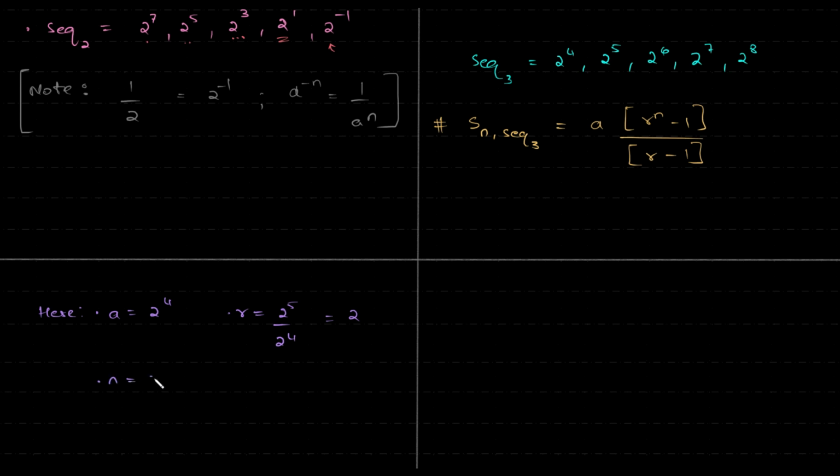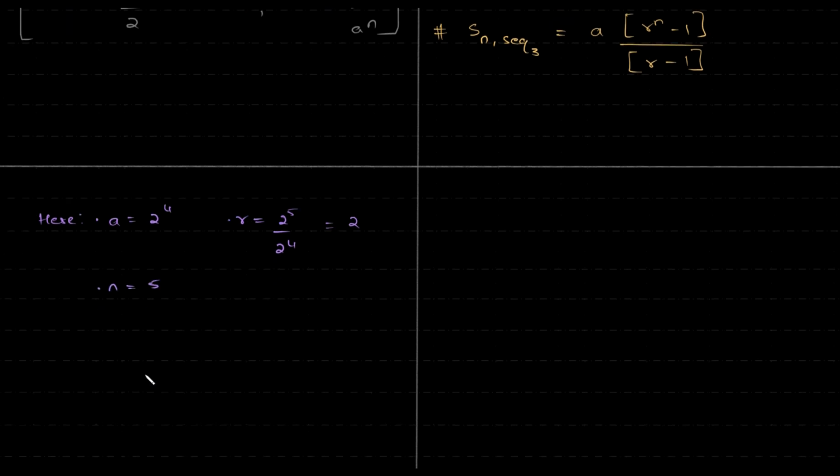And the number of terms is 5. And so the sum of sequence 3 is equal to 2 to the power of 4 into 2 to the power of 5 minus 1, divided by 2 minus 1.